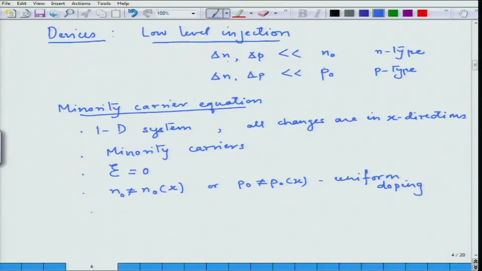Further assumption we make, it is a low level injection, which I have already mentioned. So, for low level injection we are going to solve this equation or simplify the continuity equation. We will apply these conditions to see what will happen to the continuity equation.